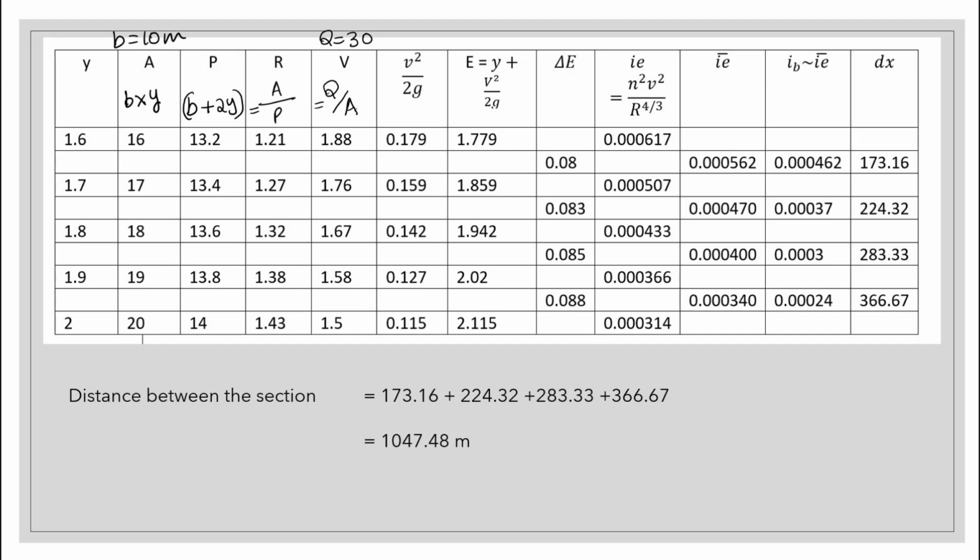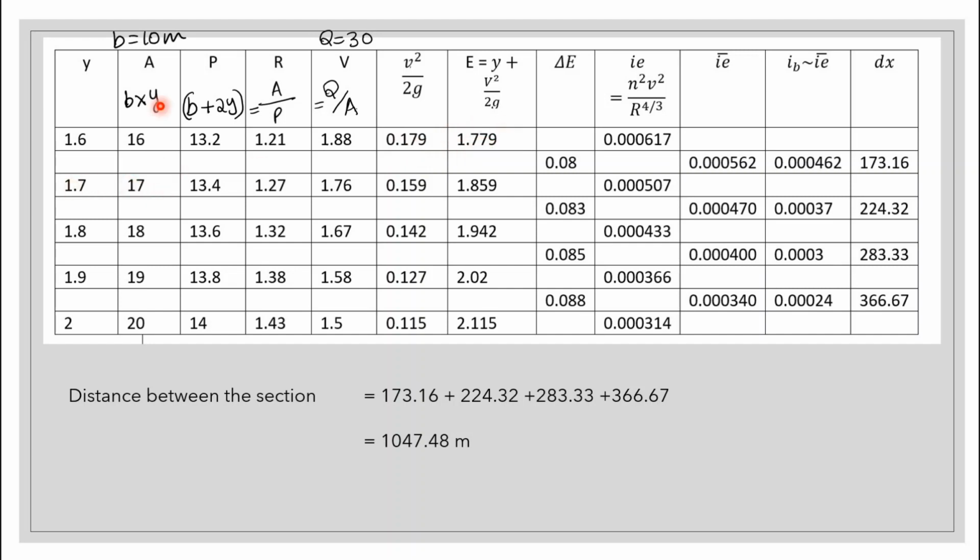Then we find V square by 2G: with V as 1.88, 1.88 square divided by 2 times 9.81 is 0.179.